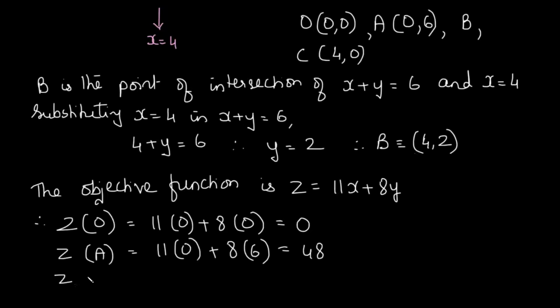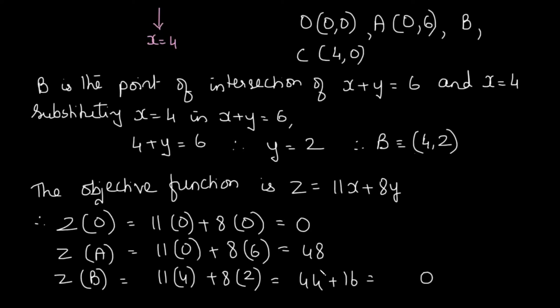The next one is ZB. B has the coordinates 4, 2 as we found out over here. So 11 into 4 plus 8 into 2, which is 44 plus 16, which comes out as 60. So ZB becomes 60, and ZC.